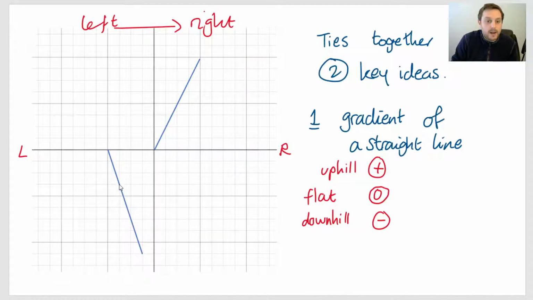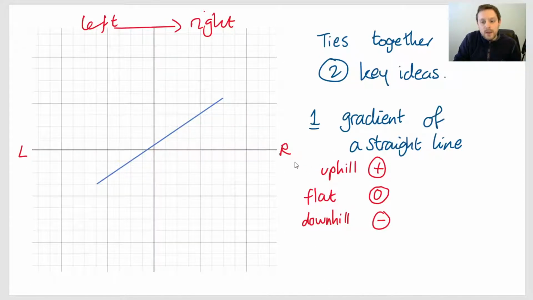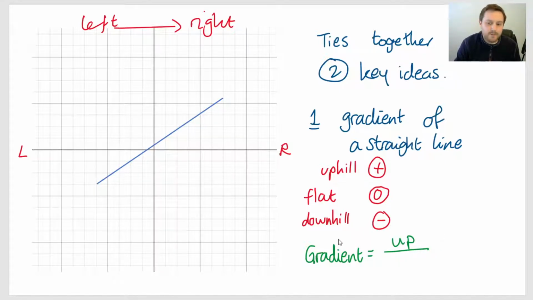The absolute most basic definition for a gradient is this formula here, which is how far up, and if it went down, remember we're going to consider that up number to be negative, divided by how far along.